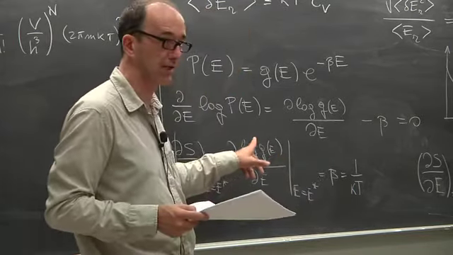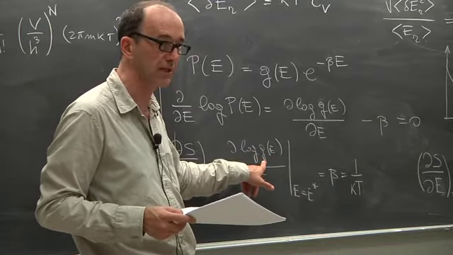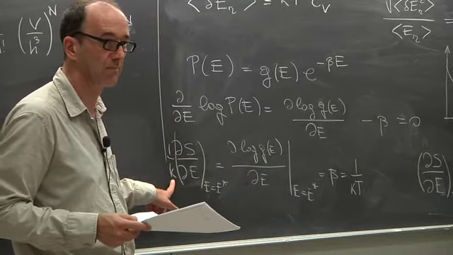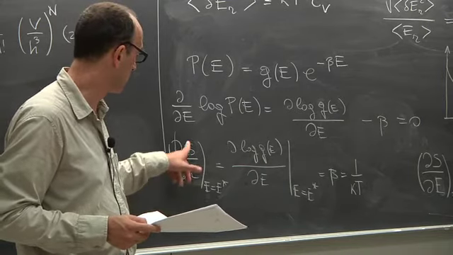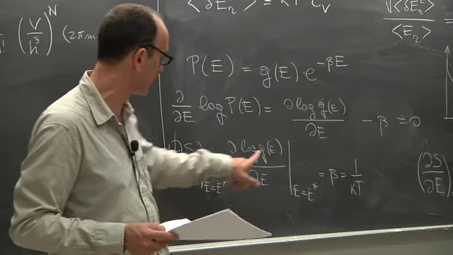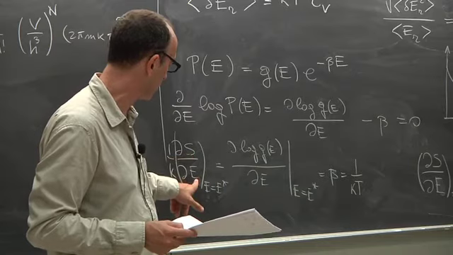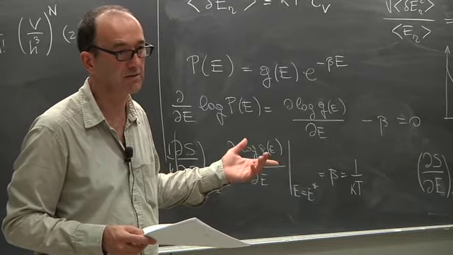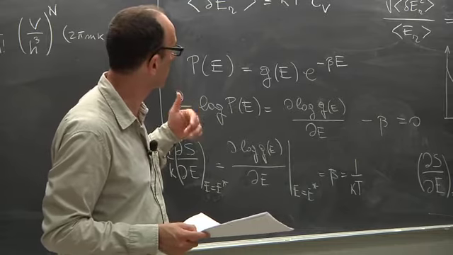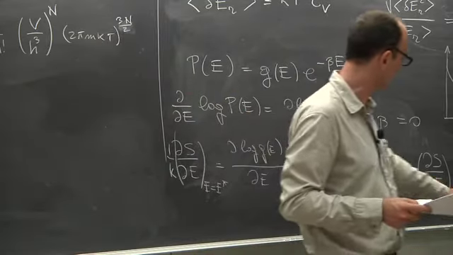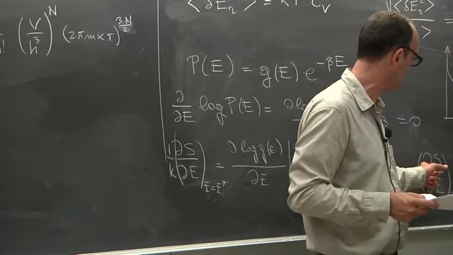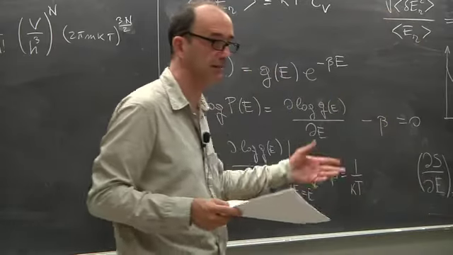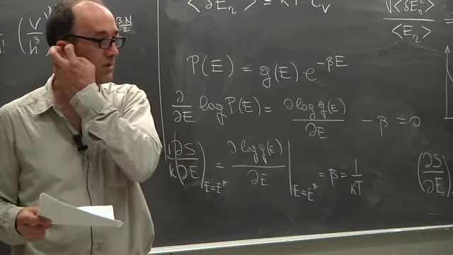But in the microcanonical ensemble, we know that G(E) is the number of microstates with energy E, so its log is the entropy divided by K. So this equation tells you that the derivative of the entropy with respect to the energy at E star is 1 over T. But in the canonical ensemble, the temperature is given by the variation of the entropy with the energy at U. So if these two equations are satisfied, it must be that E star is equal to U.